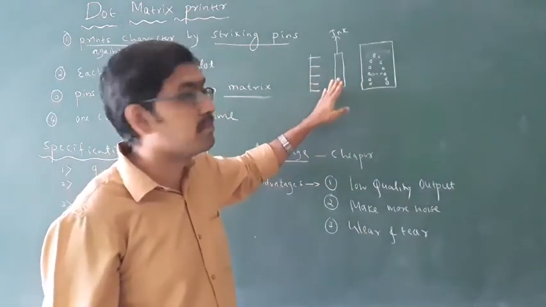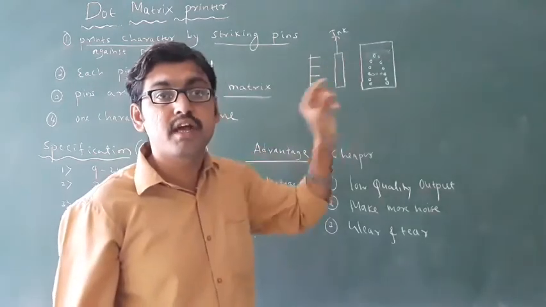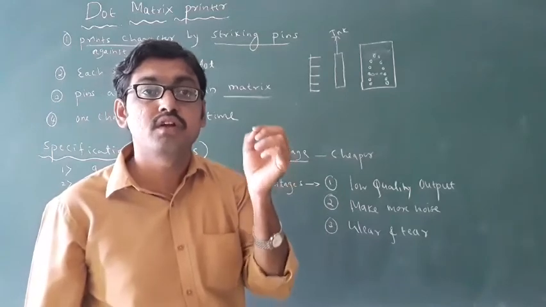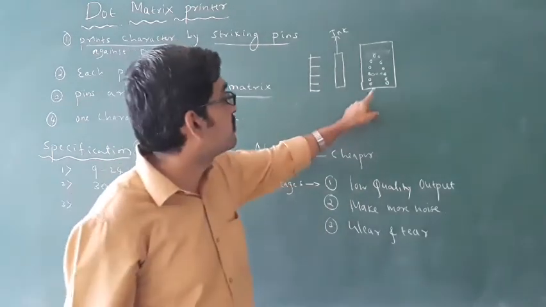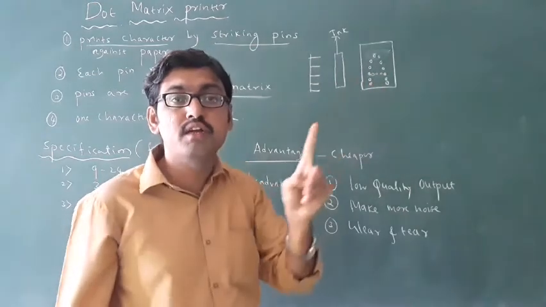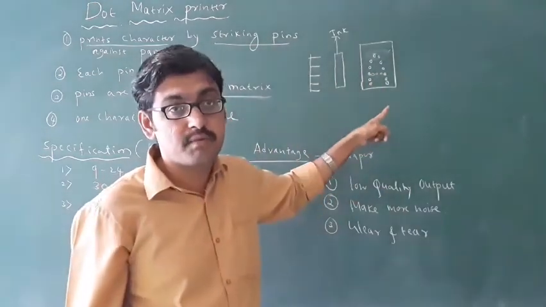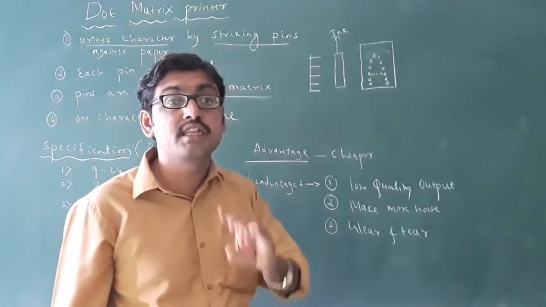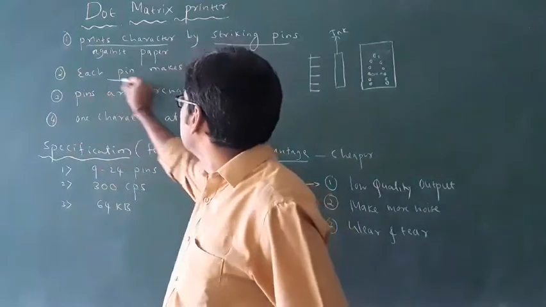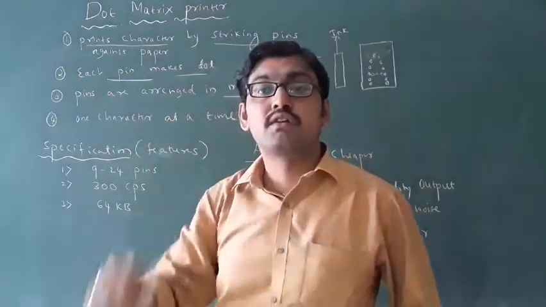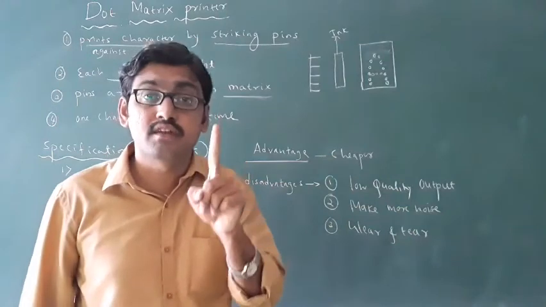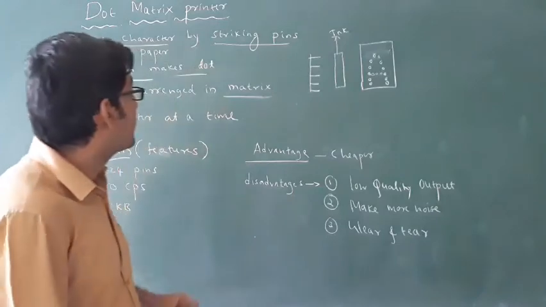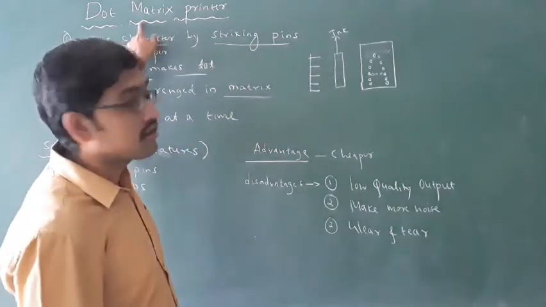With the help of ink they strike on the paper and produce dots. The combination of dots produces one character, that is A. I am writing the character A. Each pin makes a dot, and the combination of dots produces one character.